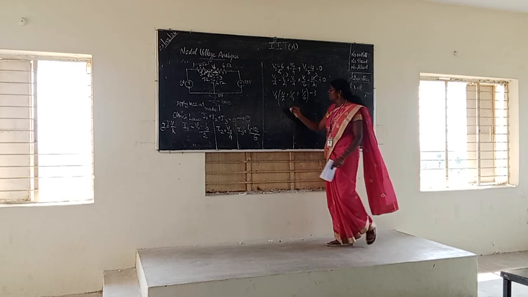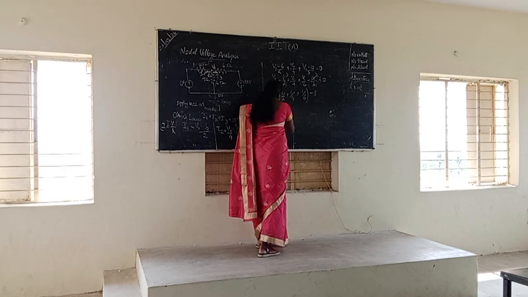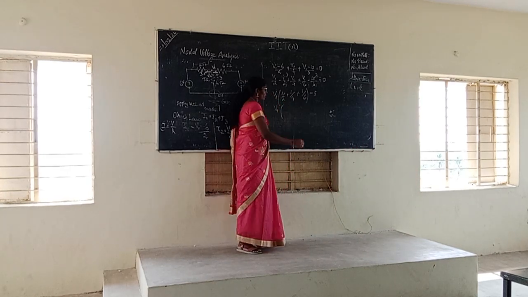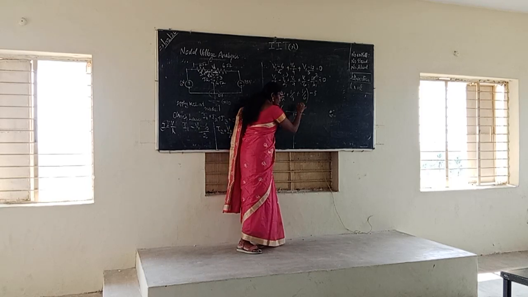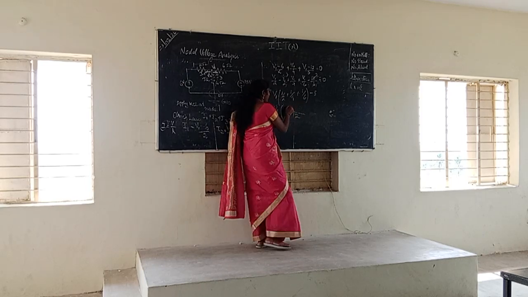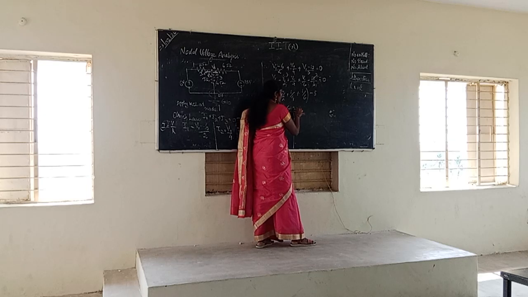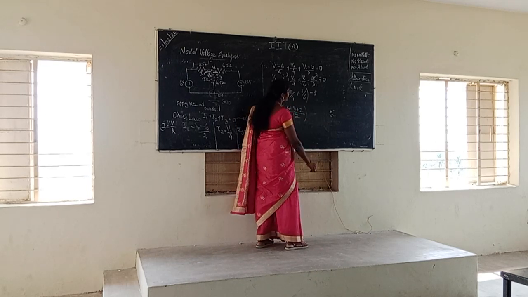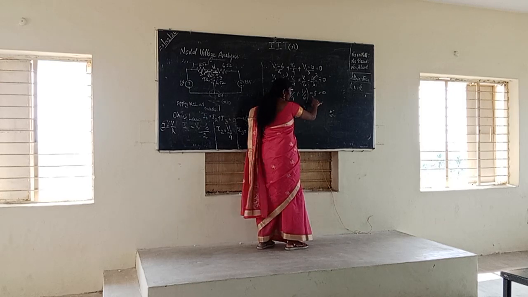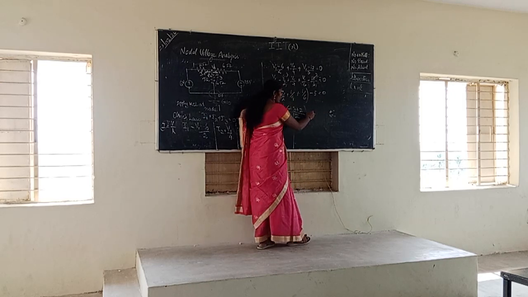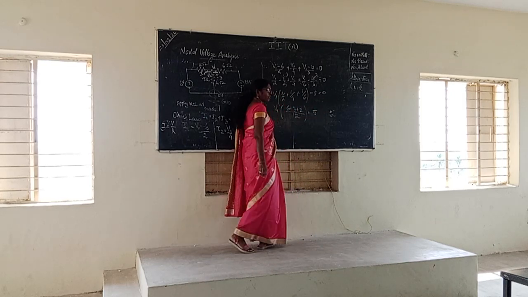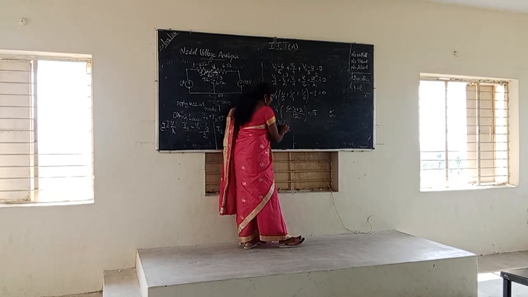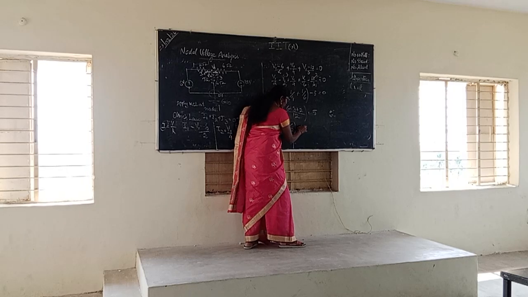Now if you take the LCM, the LCM will be 12. So it will become 6 plus 3 plus 2. I take this minus 5 to the right hand side, so it will become plus 5. Next, V1 into, if we add it, 11 by 12 equals 5. What is the value of 12 by 2?